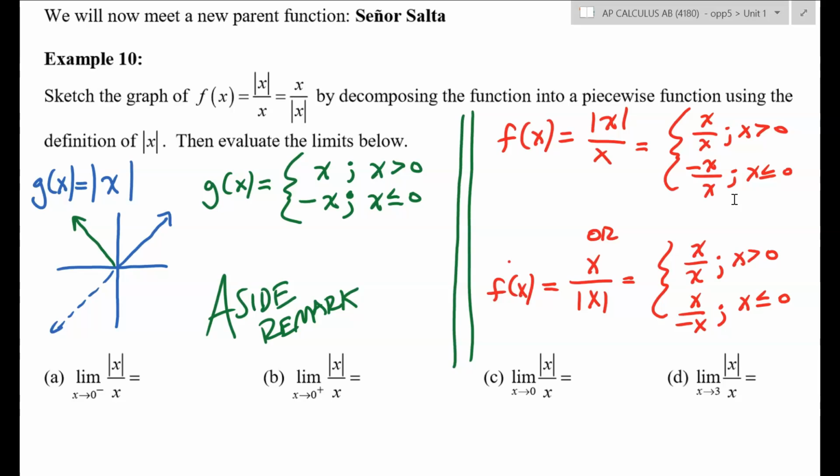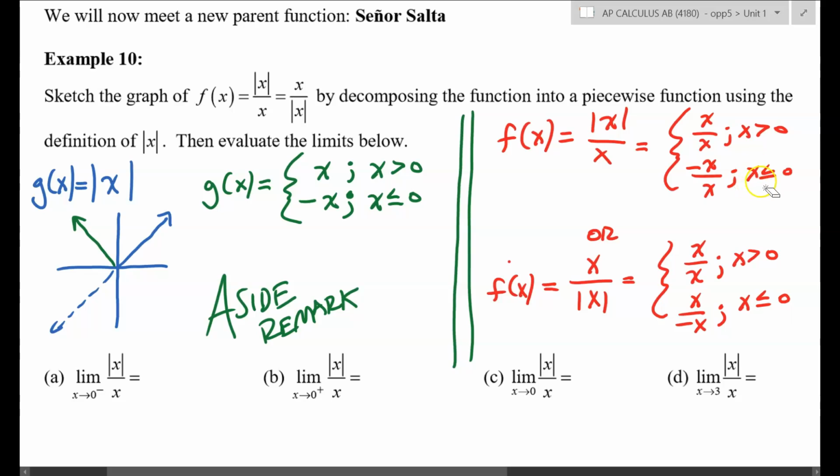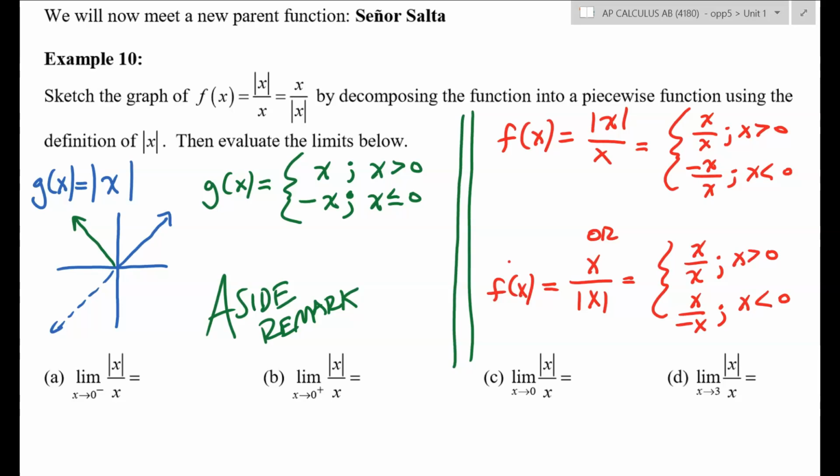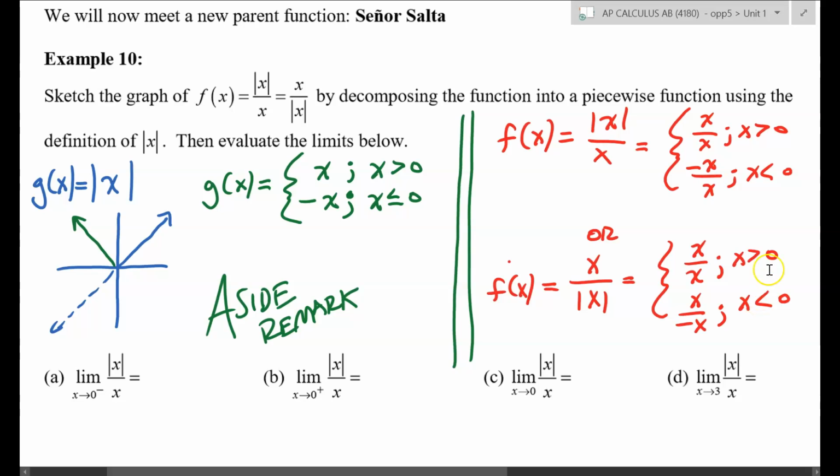But within this particular example, we can't because it would create an undefined fraction. So we have to change that.